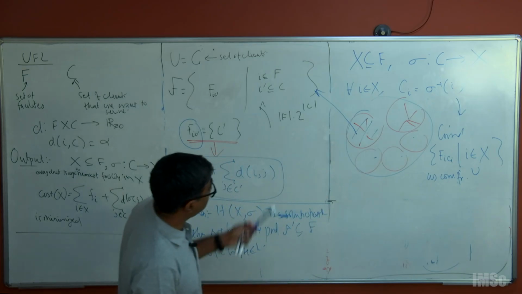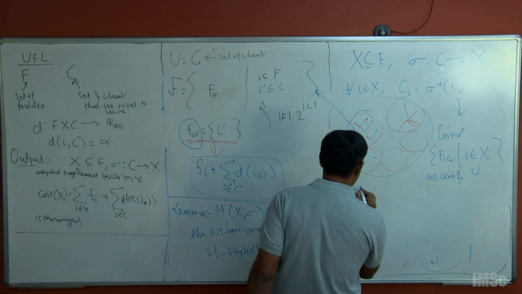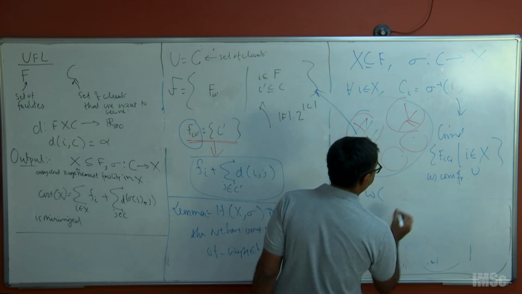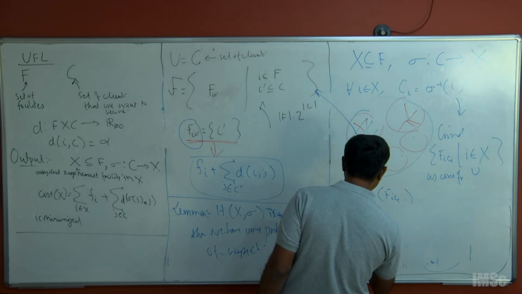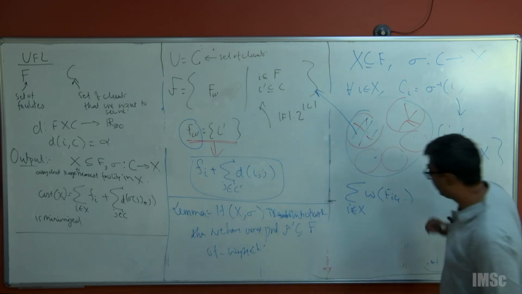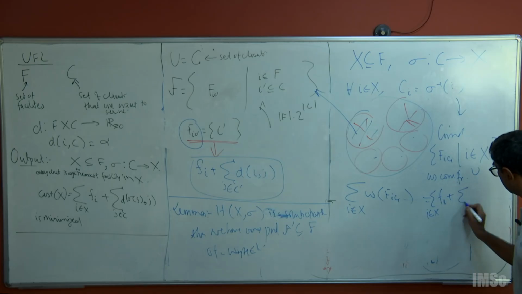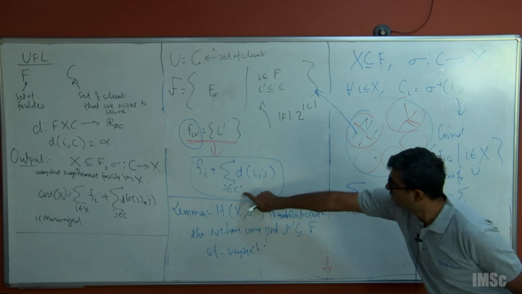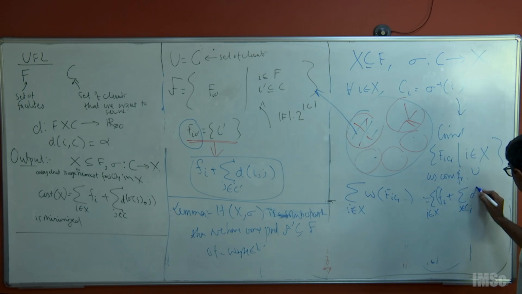Now what is its cost? What is its weight? Its weight is going to be the sum of weight of F_i C_i, for I in X. But what is the weight of F_i C_i? It is F_i, summed over I in X, plus the sum over j in C_i of d_ij, right?